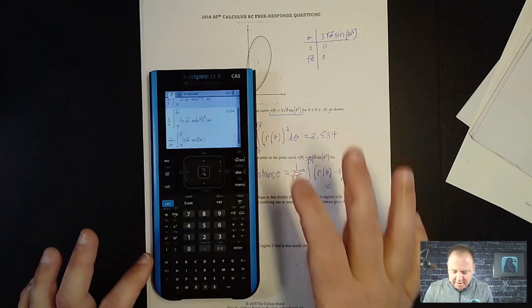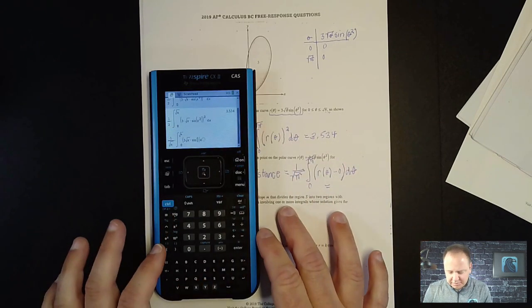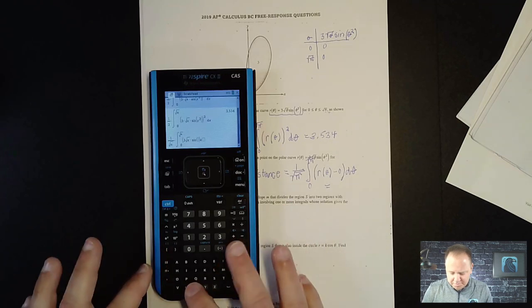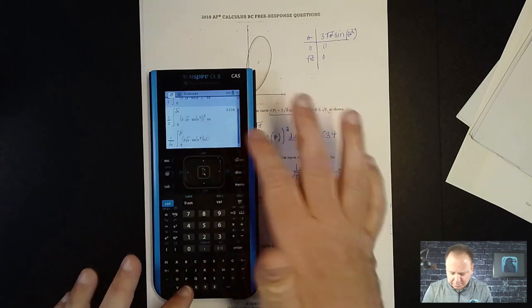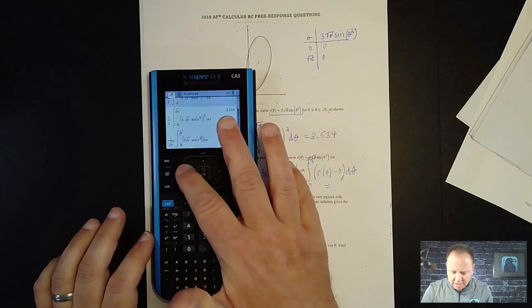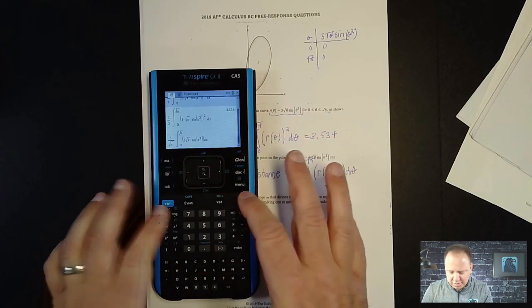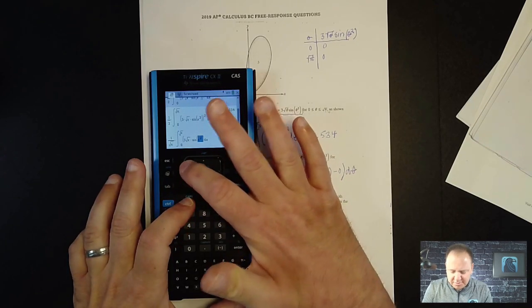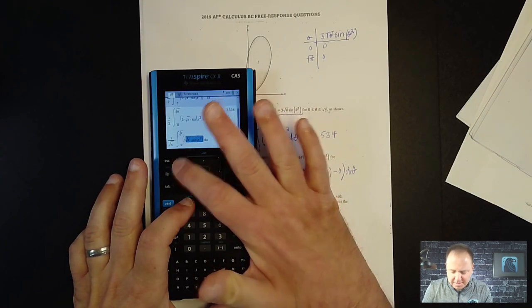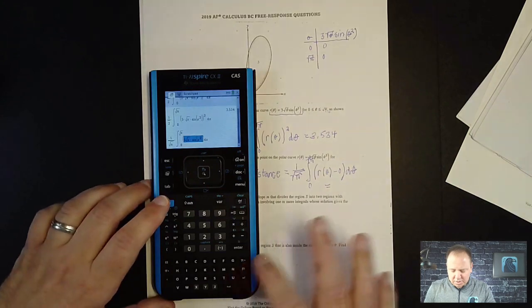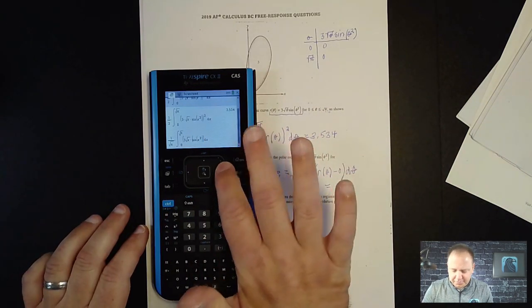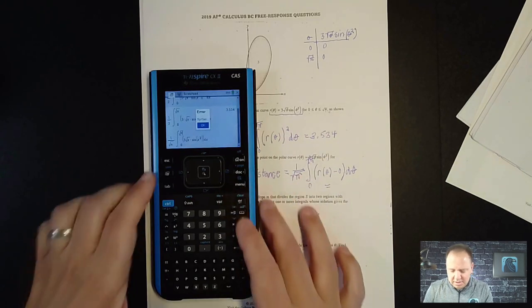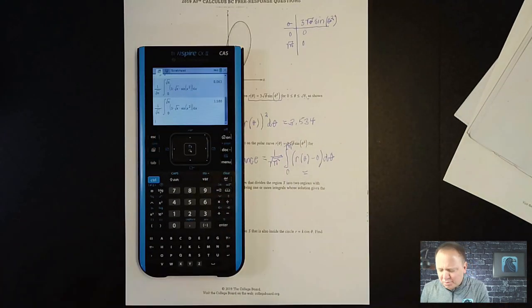Again, I'm going to hit shift and copy this just in case I need it again. So that'll be control C. I'll just hit enter. And that gives me 1.580 for this integral.